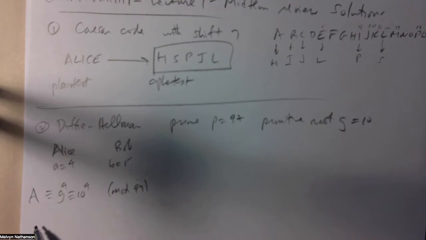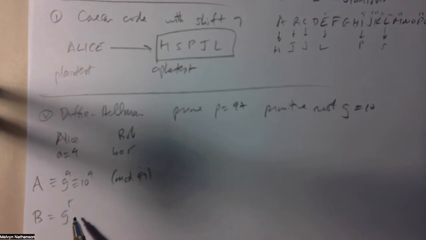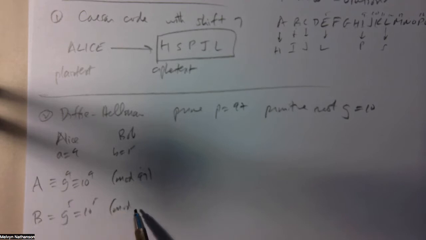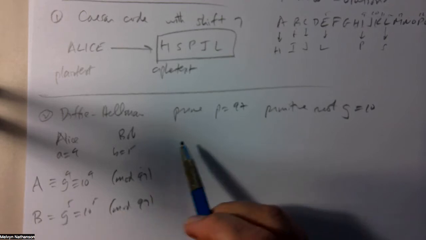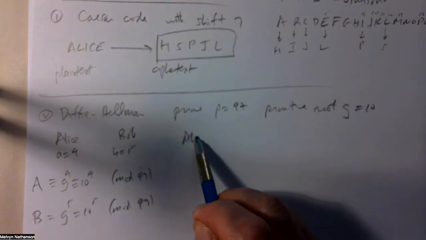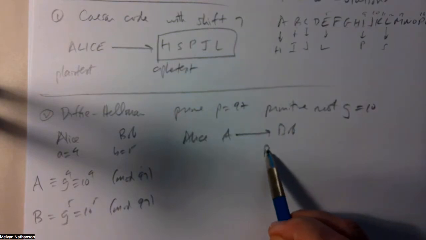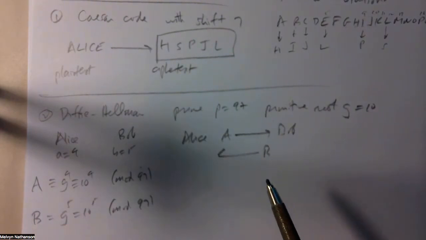And Bob is going to compute G to his secret number, which is 5. So that's 10 to the 5th. Reduce that mod 97. So Alice sends A to Bob, and Bob sends B to Alice.